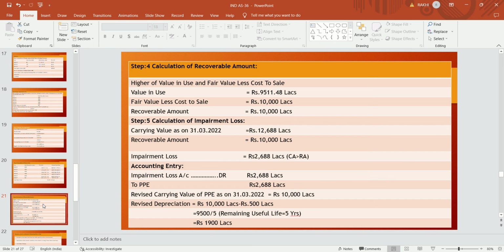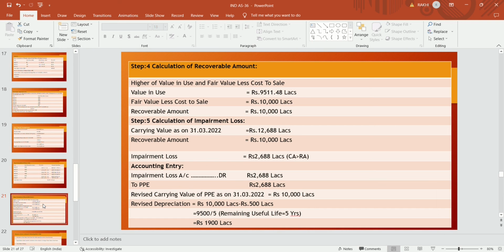The impairment loss is carrying value minus recoverable amount, that is 2,688 lakhs. So we will do the accounting entry: impairment loss account debit to asset account, that is PPE, amounting to rupees 2,688 lakhs.